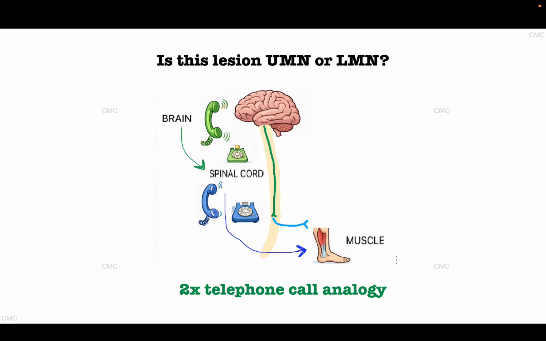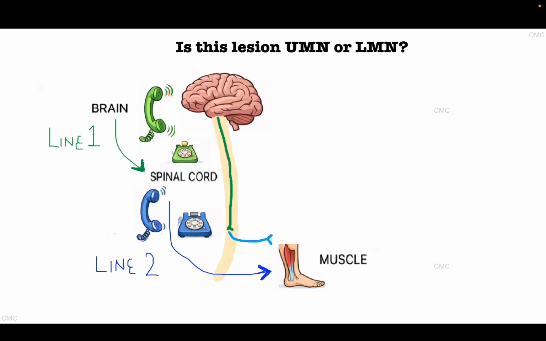An upper motor neuron lesion occurs when the first call from the brain to the spinal cord is interrupted, and the lower motor neuron lesion occurs when the second call from the spinal cord to the muscle in question is interrupted.